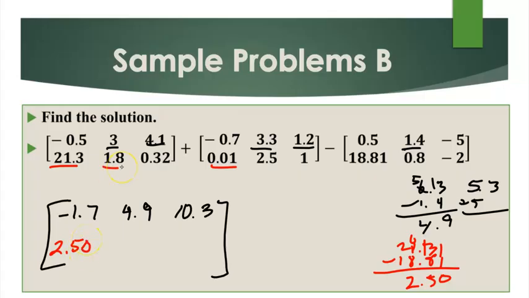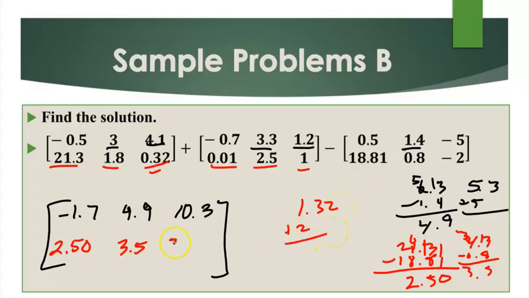Next is 1.8 plus 2.5, so that's 4.3 minus 0.8, and that's going to be 3.5. And the last one is 0.32 plus 1, so 1.32 minus a negative 2, which really means I'm adding 2, so that's going to be 3.32.